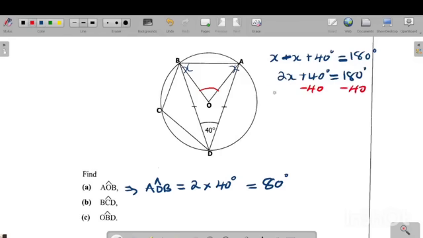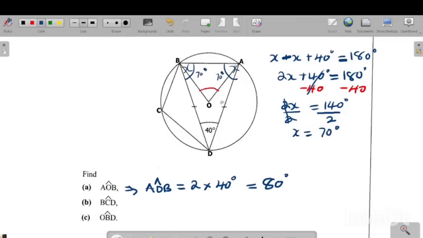In other words, I'm taking the 40 degrees to the other side by additive inverse. So we're going to have 2x is equal to 180 minus 40, which is 140 degrees. To find x, divide by 2 on both sides. So x is equal to 70 degrees. Meaning this entire angle here is 70 degrees. Even this entire angle is 70 degrees.